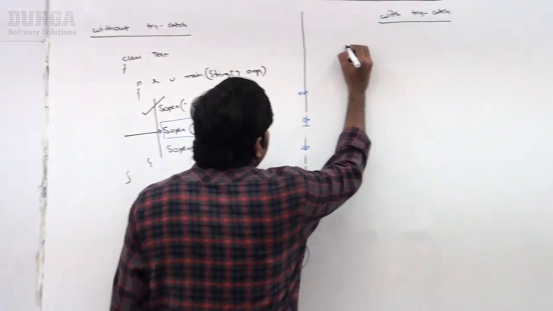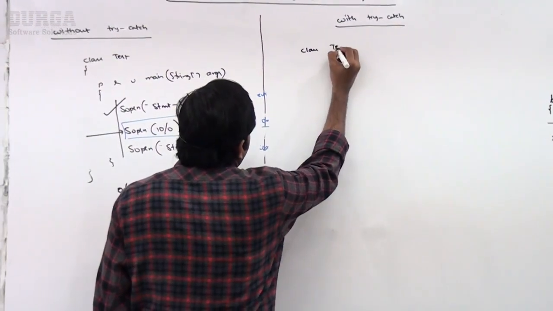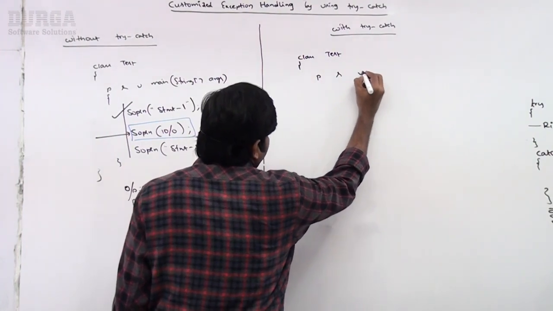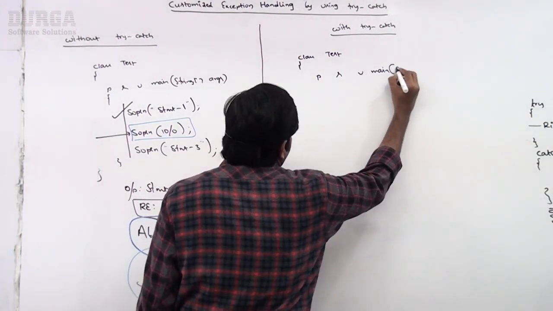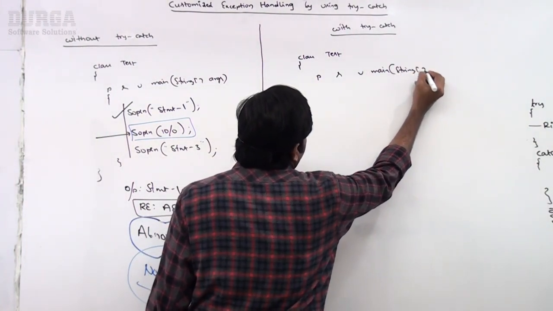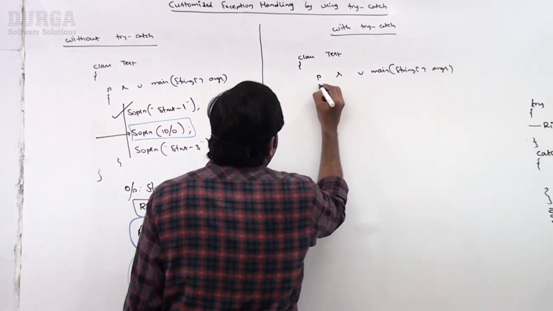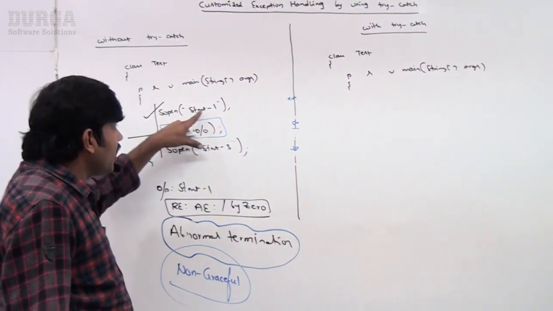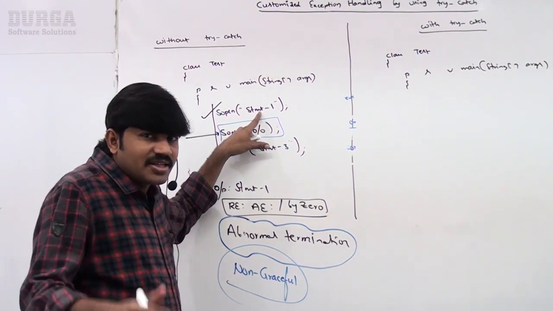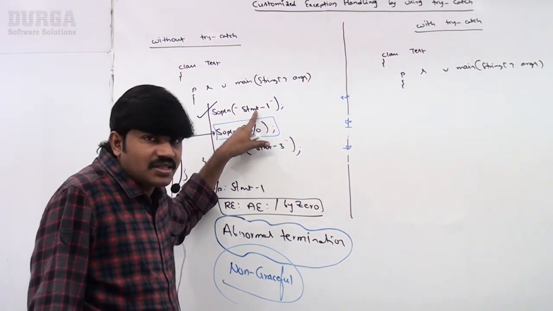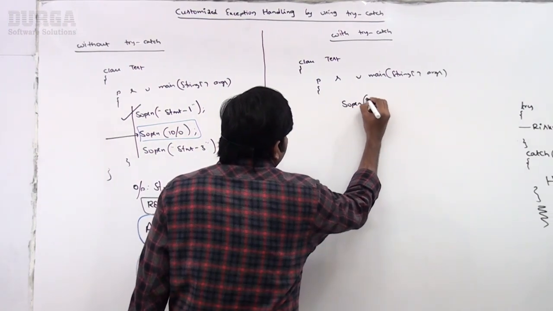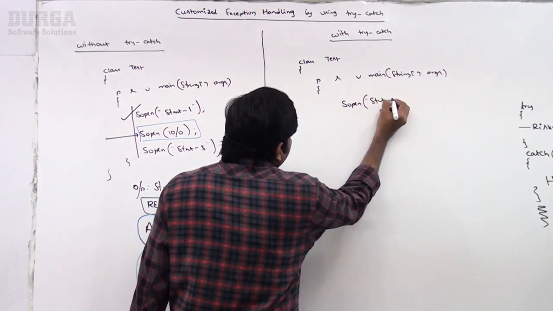Observe carefully. Here I'm taking class Test, public static void main, String array args. Now SOP of statement 1 is not risky code, so take it normally: System.out.println statement 1.